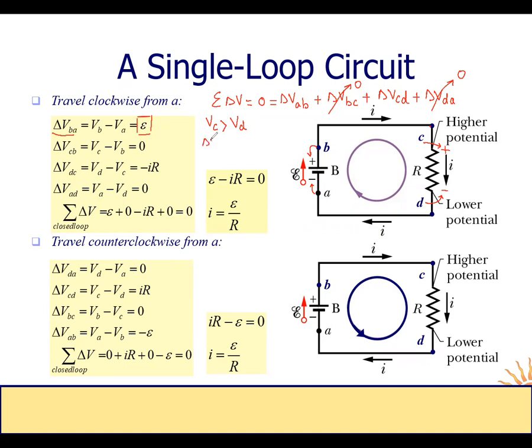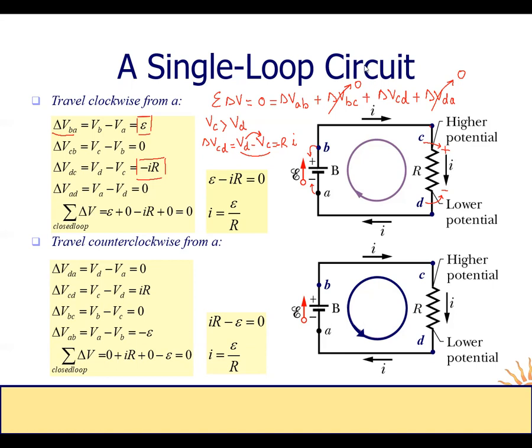So delta VCD, which is equal to VD minus VC, VD is less than VC. So this value must be negative. You know, the voltage at the resistance equals R times I. It must be negative, so we have to put minus. So it equals minus RI.